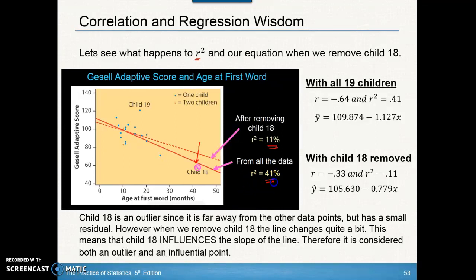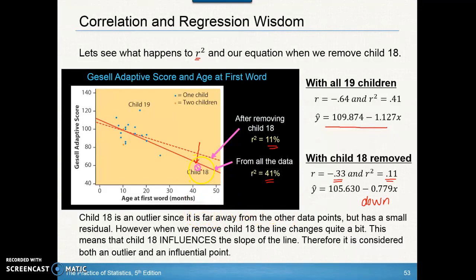Actually, r squared is higher with child 18 in it. Okay, so now let's take a look here. With all 19 children, our r value was negative 0.64 and our r squared was 0.41. Here's our least squares regression line. When we remove child 18, take a look at what happens to your r value and your r squared value. It actually goes down, okay?